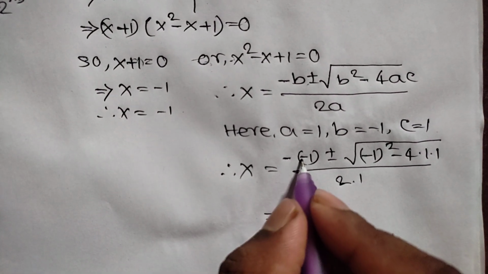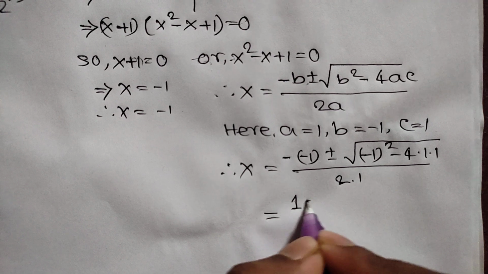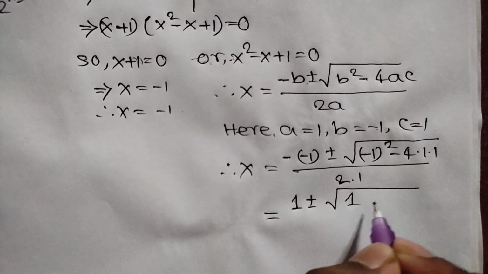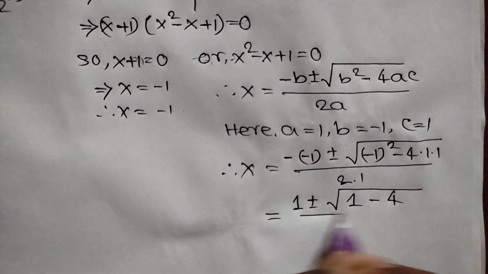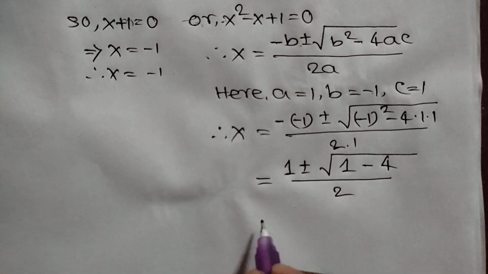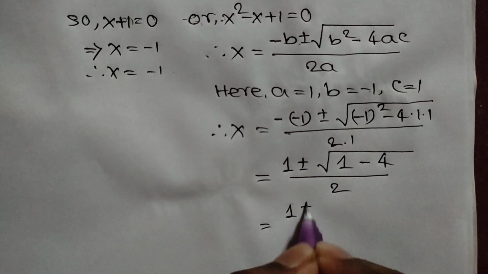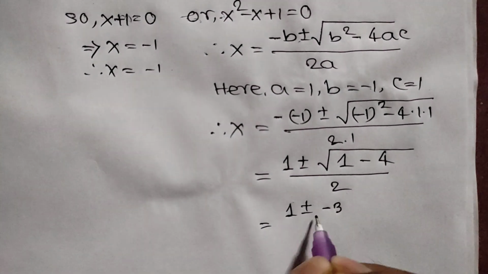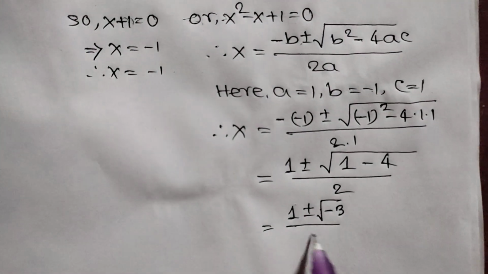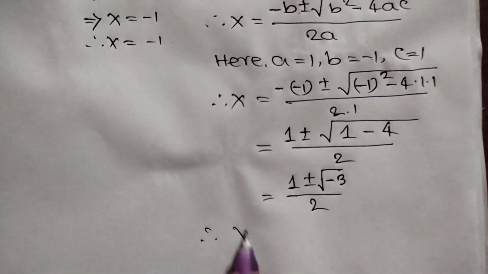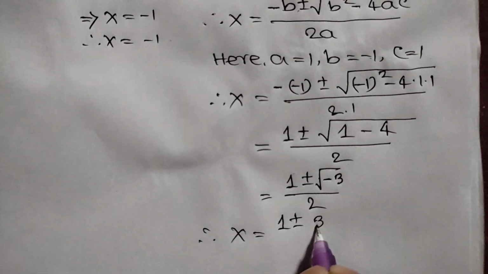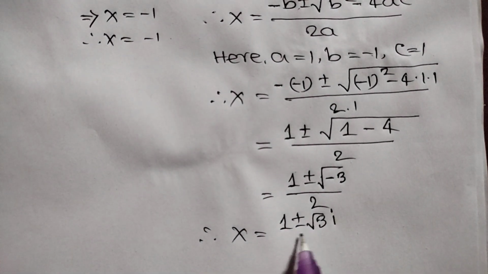That is 1 plus or minus the square root of 1 minus 4 over 2, which is 1 plus or minus the square root of minus 3 over 2. So x is equal to 1 plus or minus the square root of 3 by 2.